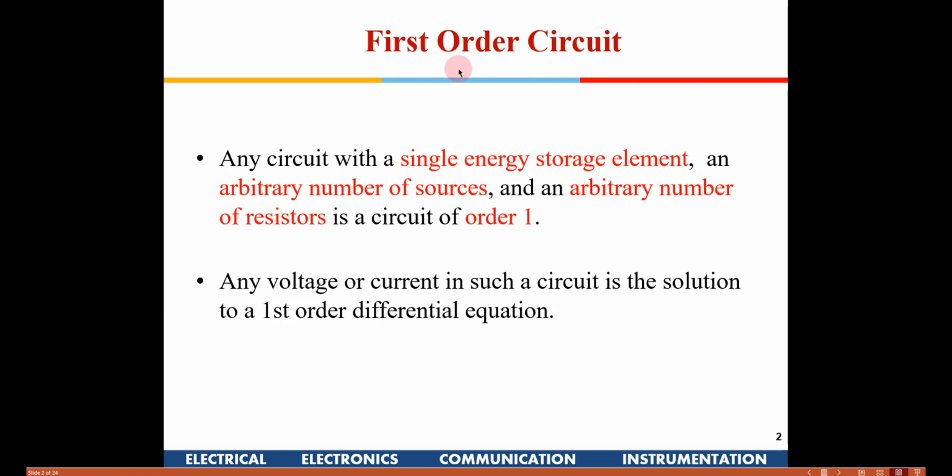A first order circuit will have only one capacitor or one inductor. It can't have two inductors or two capacitors or a combination of inductor and capacitor. That is what we call a first order circuit.